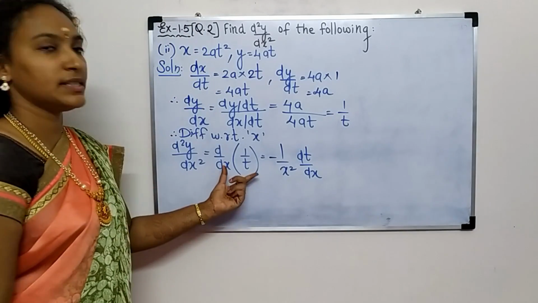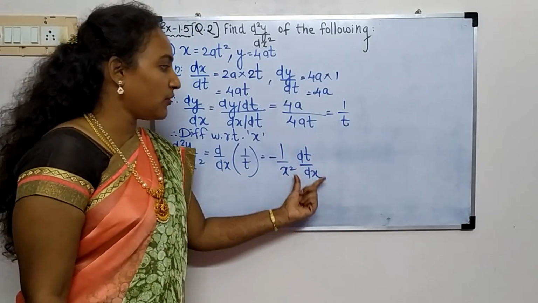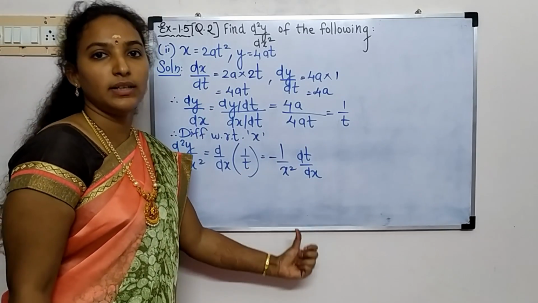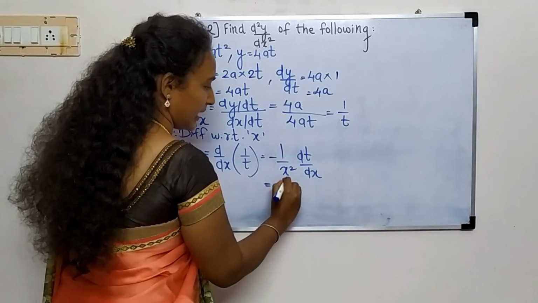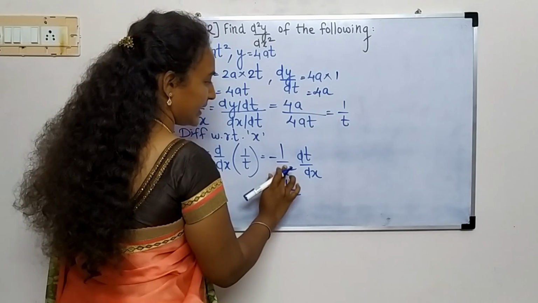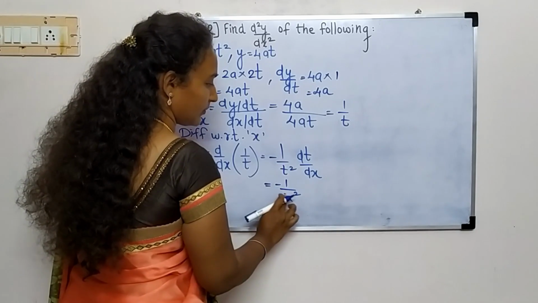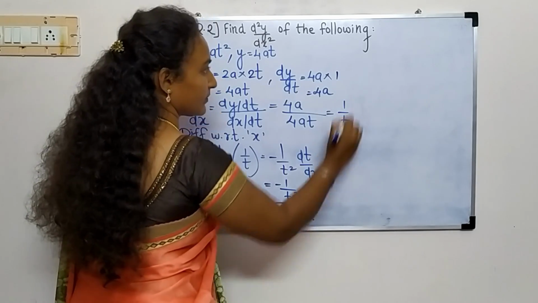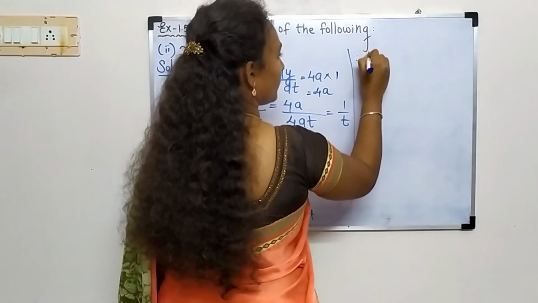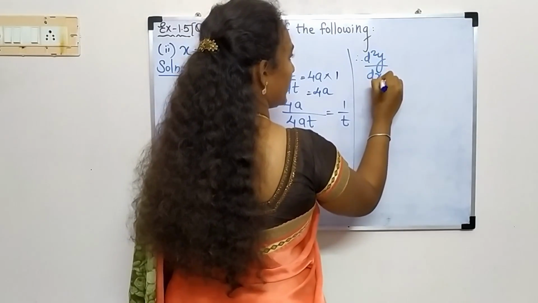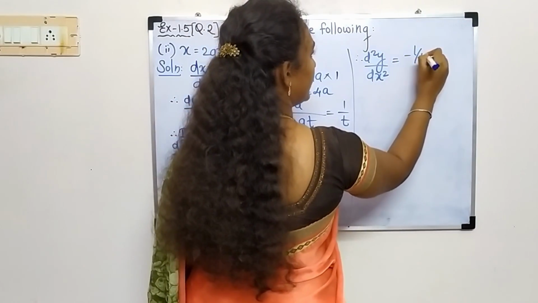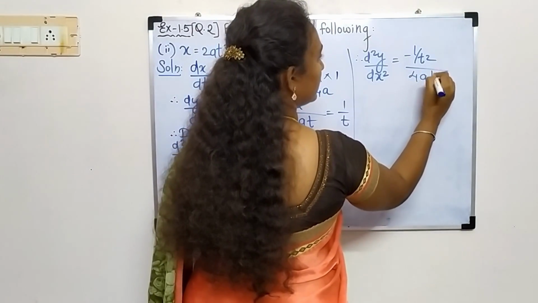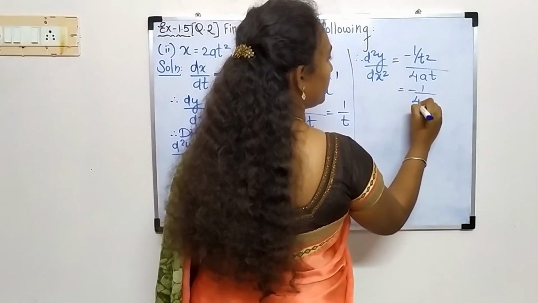Since it is a composite function, we don't have dt by dx, but we have dx by dt. So take this to the denominator. So this is minus 1 upon t square upon dx by dt. Therefore, d square y upon dx square is equal to minus 1 by t square upon dx by dt, which is 4at. So this is minus 1 upon 4at cube.